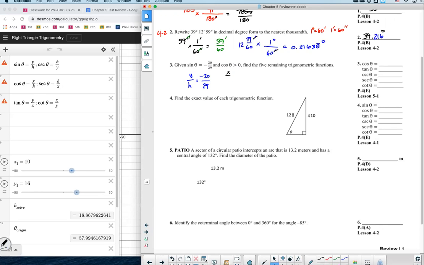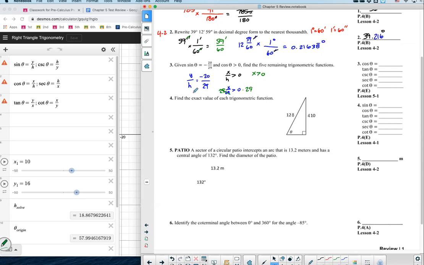So x divided by h has to be positive. And we know that h is 29. So x over 29 has to be positive. And if I wanted to solve for x here, I can multiply both sides by 29. And lo and behold, what I find out is that x has to be greater than 0.